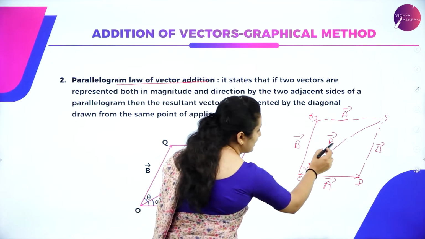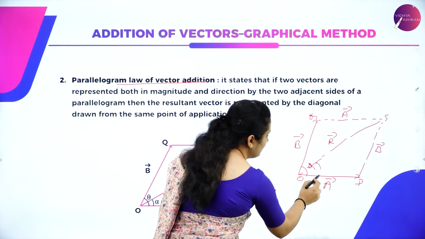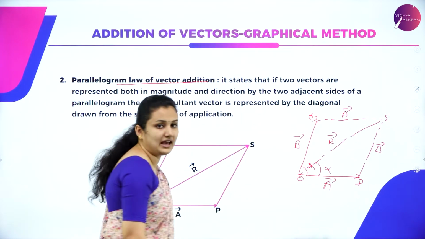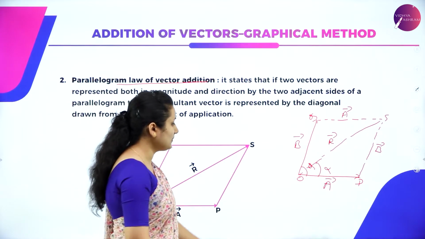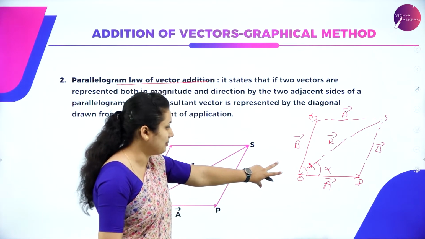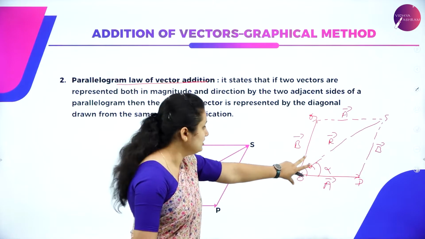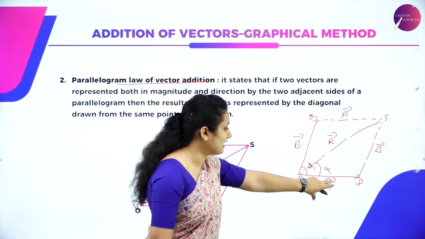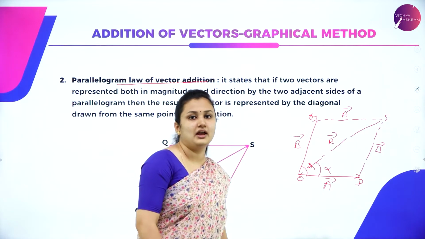The direction of R is making an angle alpha with the direction of A, and the two adjacent sides of the parallelogram are making angle theta.